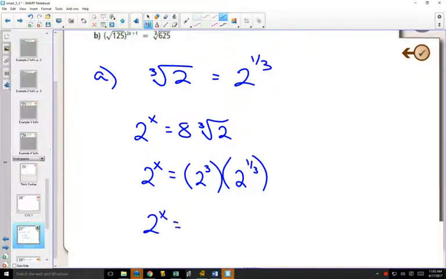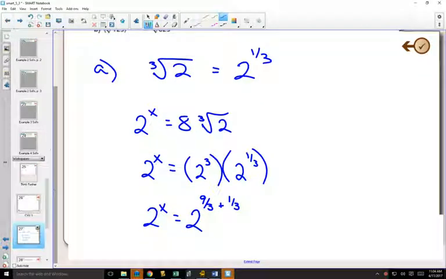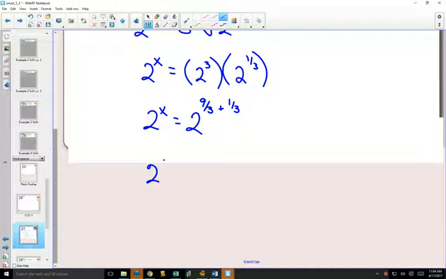How do you add fractions? Need a common denominator, so 3 is the same as 9/3. Add the 1/3, and we get 2 to the x equals 2 to the 10/3.